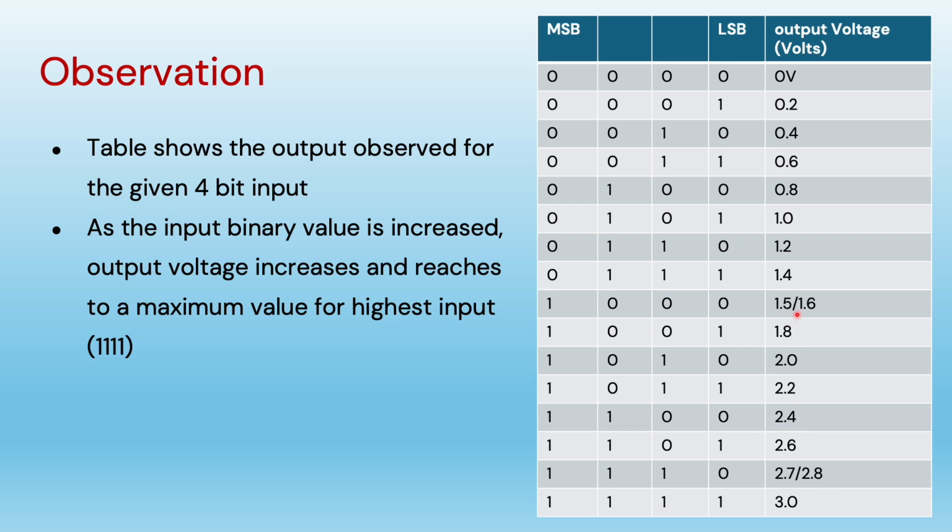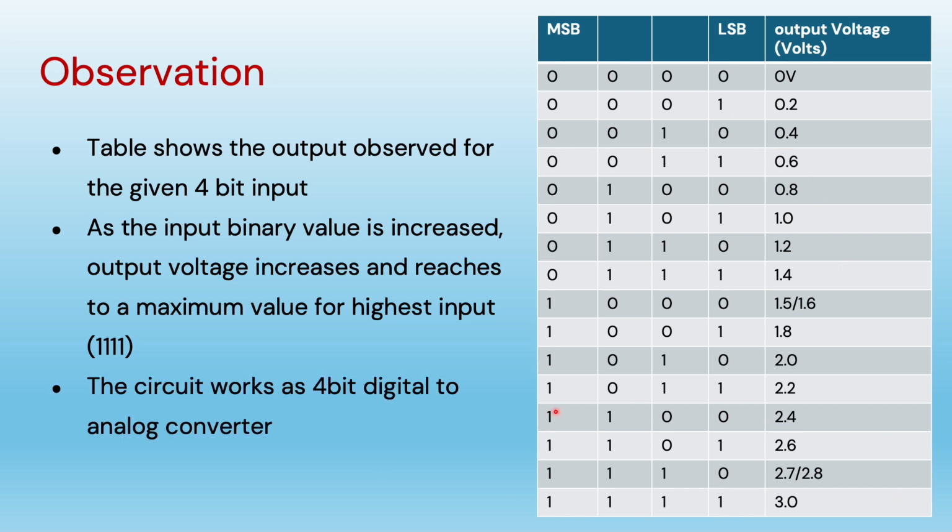I have written two values here, 1.5, 1.6, 2.7, 2.8. It is because of some calibration error in the meter or some error due to tolerance in resistors in the given circuit, and thus this circuit is working as a 4-bit digital to analog converter circuit.